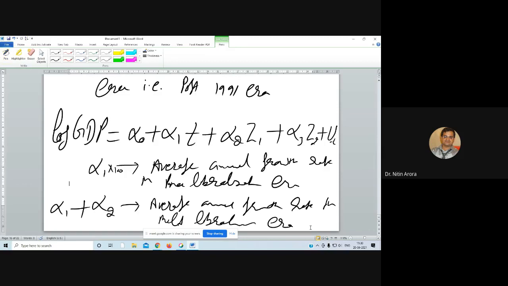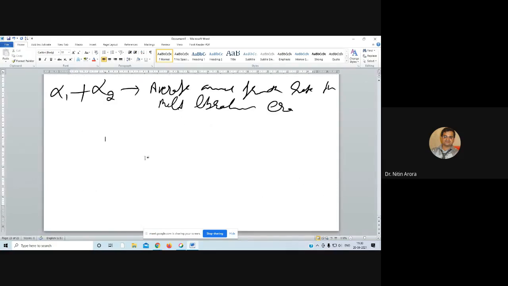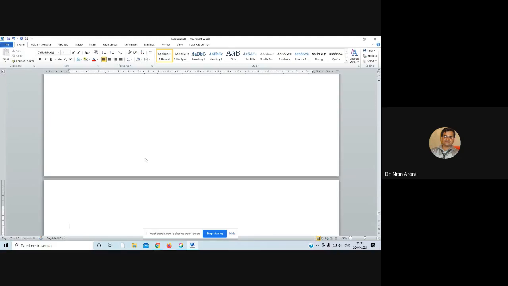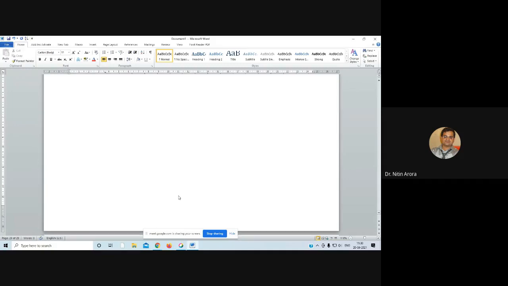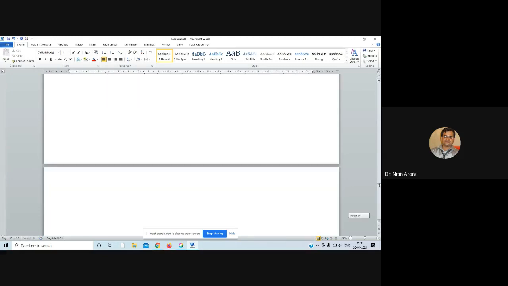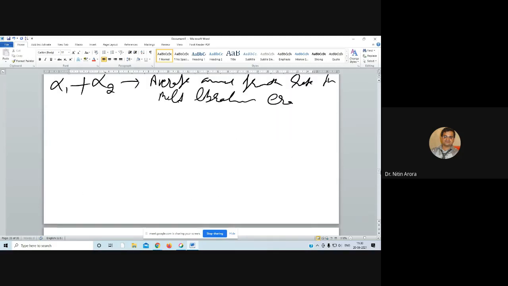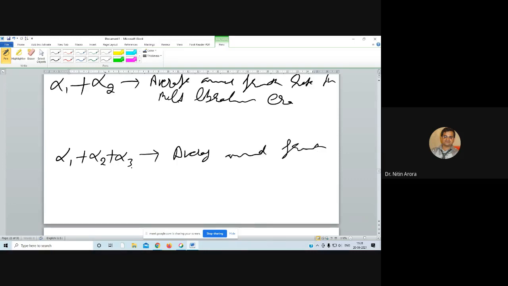Alpha 1 plus alpha 2 is the average annual growth rate in the mild liberalization era, and alpha 1 plus alpha 2 plus alpha 3 will be the average annual growth rate.